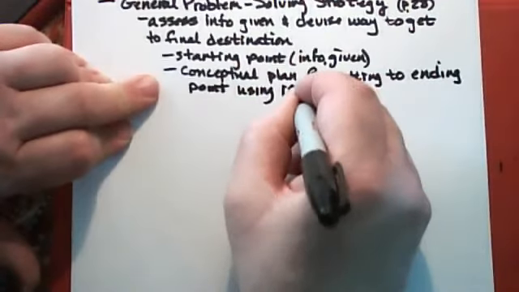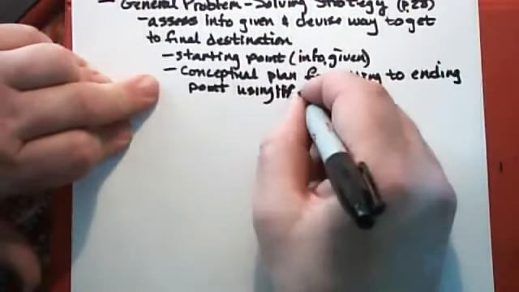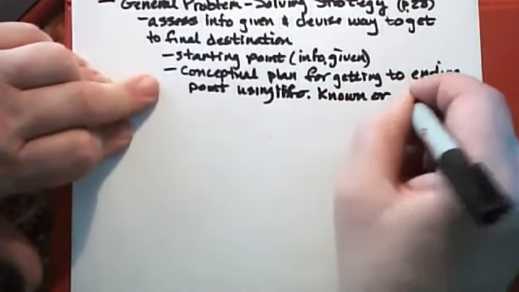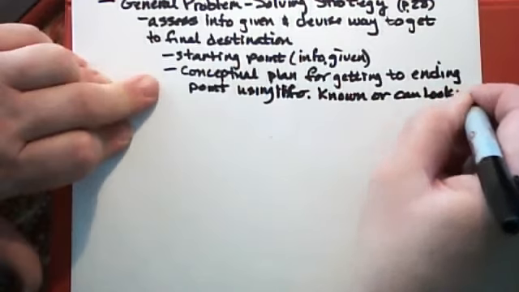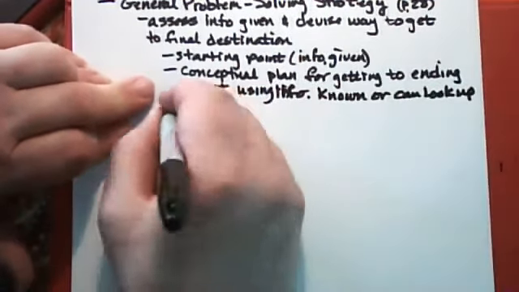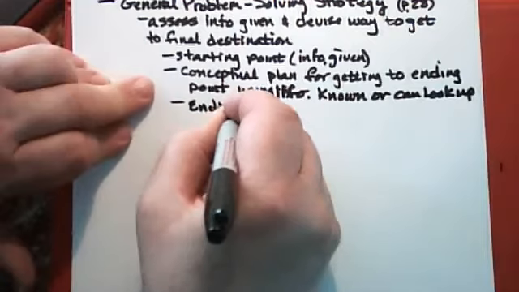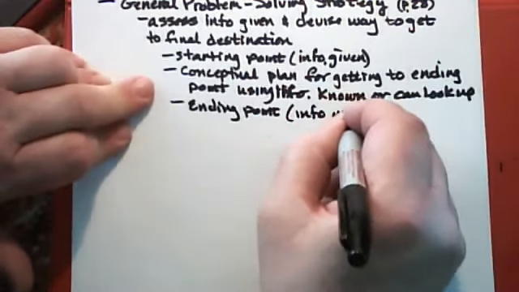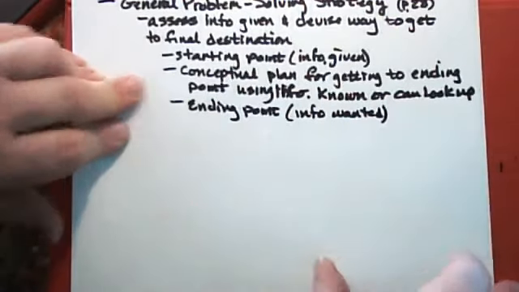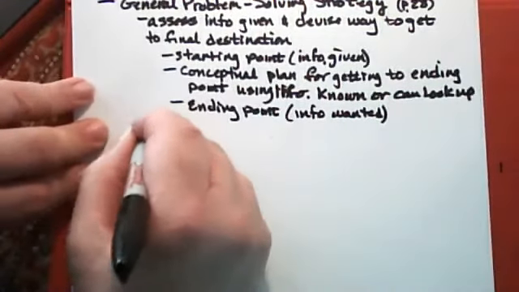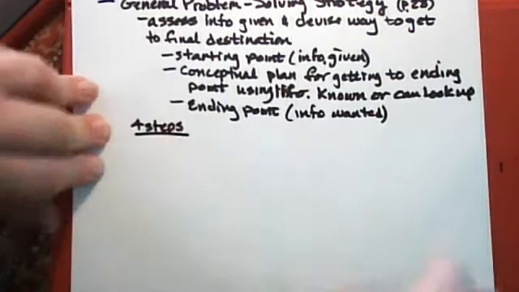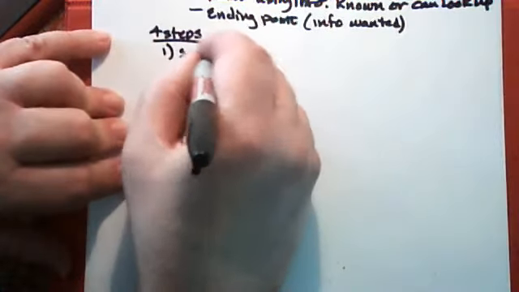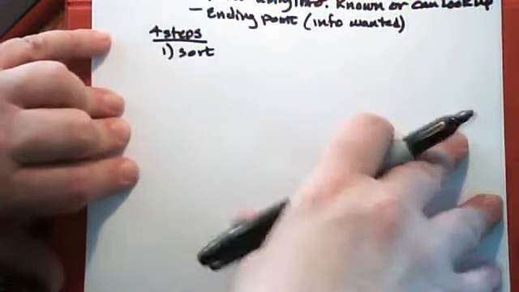And you want this to involve information that you can either know or you can look up, and eventually you want that to get you to the ending point. And there are 4 steps that can help you with this. First step is to sort the information given and find what's needed for an answer.